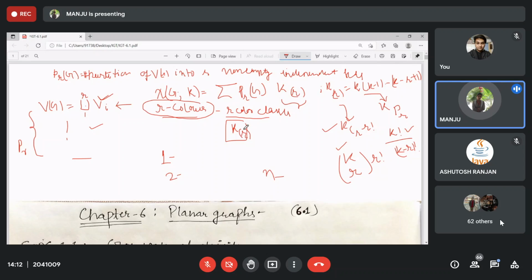And for one partition it is k sub r, so for P_R partitions it will be P_R into k sub r, and R can be 1, 2, 3, up to n. That's why it is the summation. I hope now it's clear. If you have any doubt, ask me.